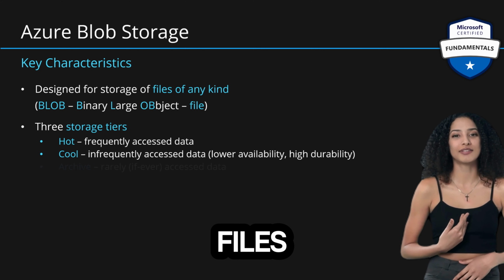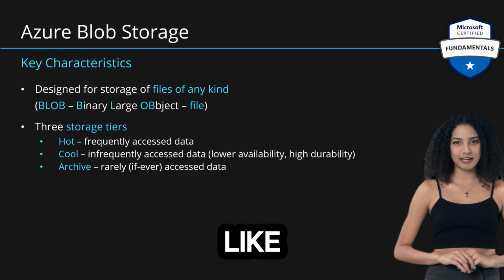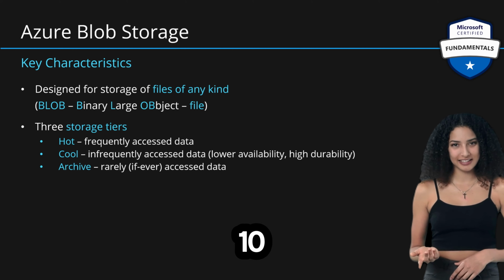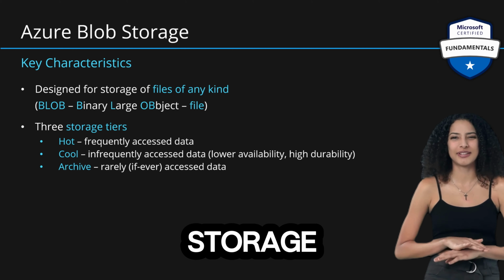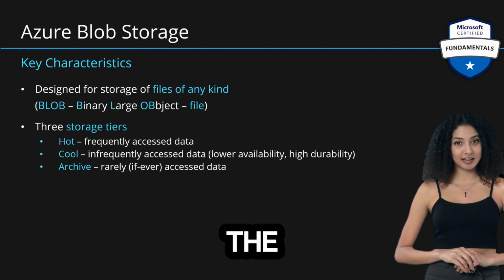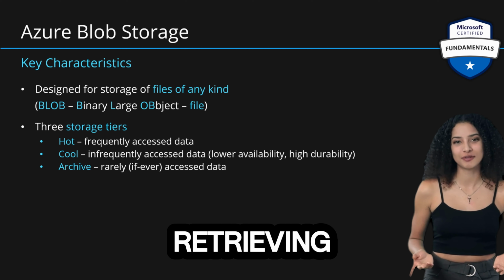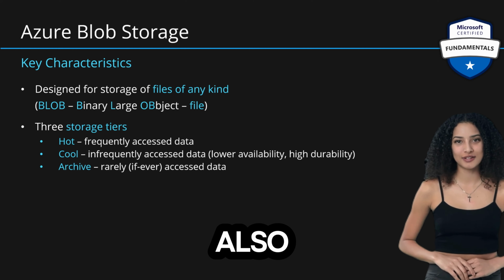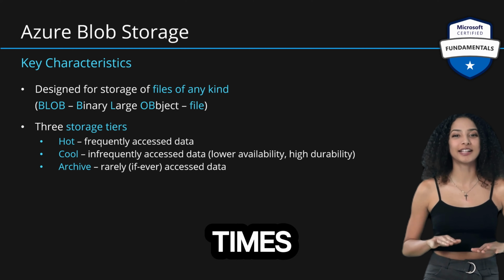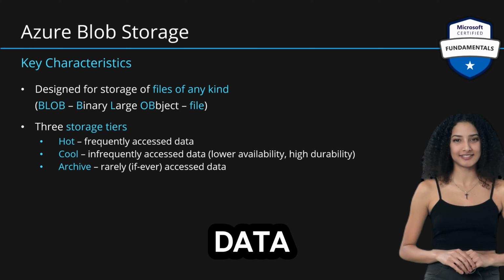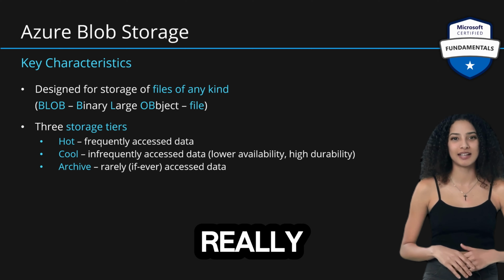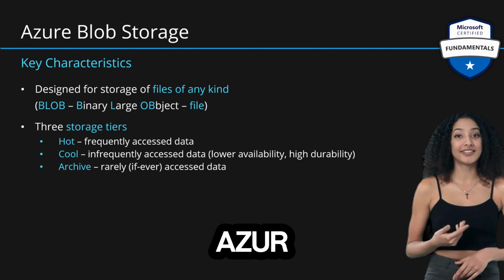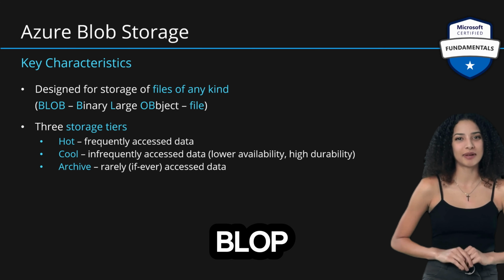But if you have files that you never plan to access, like very long-term backups, let's say a backup that you need to keep for 10 years, then you can use the archive storage tier. In this case, the availability is the lowest because retrieving that data might even take a couple of hours, but the price is also the lowest. You're getting 10 times the discount for storing data. In the archive tier, this really is the lowest price per gigabyte that you can get when storing data in Azure. And that's pretty much it when it comes to blob storage.